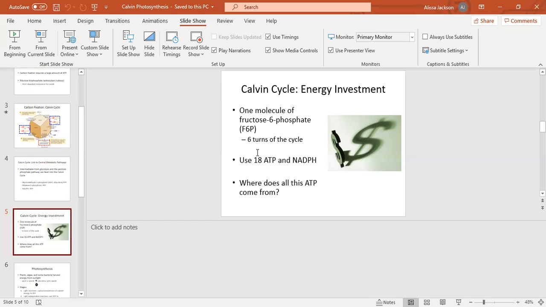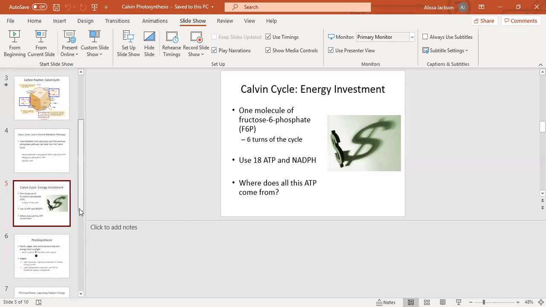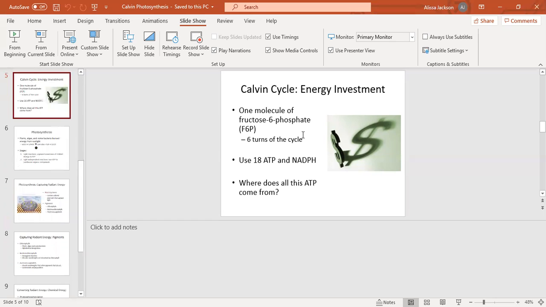Oh yeah, and you use 18 ATP and NADPH. But where does all this ATP come from? I'm not sure if this means one molecule of fructose 6-phosphate is made from 6 turns of the cycle. That would be something to look up, guys. Sorry, that's my bad.